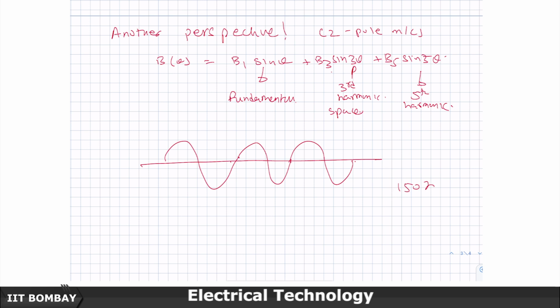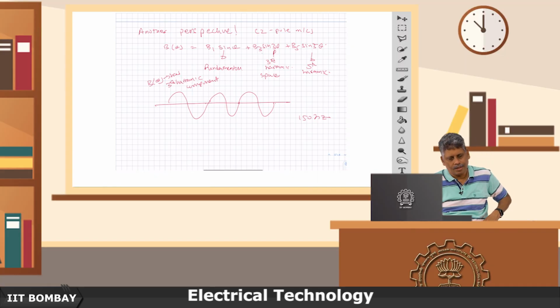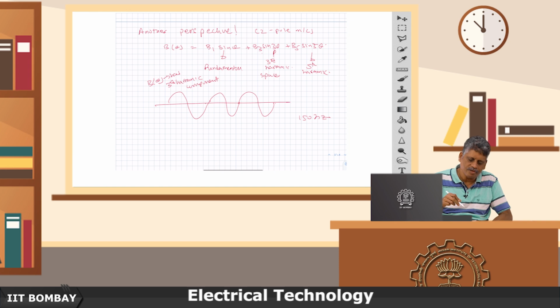So, if B of theta has a third harmonic component, it will generate a waveform which is at 150 hertz, and the fifth harmonic will generate a waveform at 250 hertz.